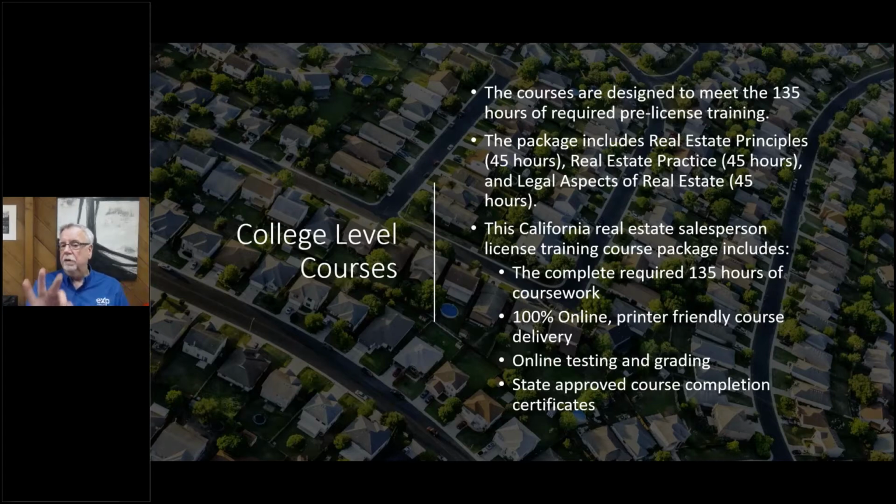In other words, each of these 3 courses has a final exam. The final exams are online. You can take the final exams at home and they're open book tests.